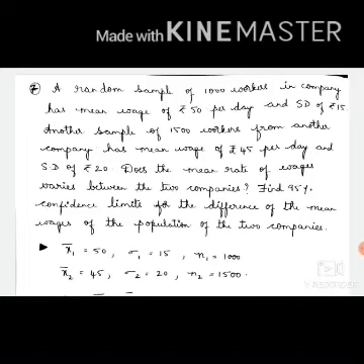We see that in the first sample, the mean x1 bar is 50, the standard deviation sigma 1 is 15, and n1 is 1000. In the second sample, the mean x2 bar is 45, the standard deviation is 20, and n2, the sample size, is 1500.